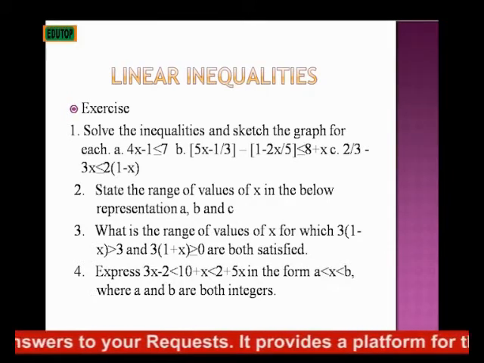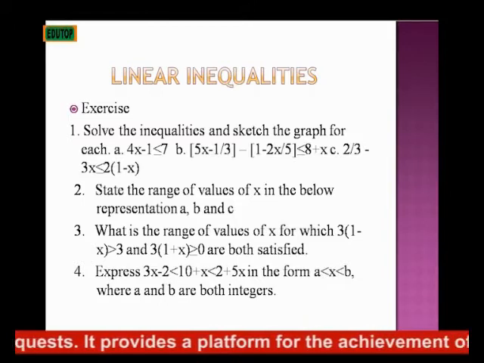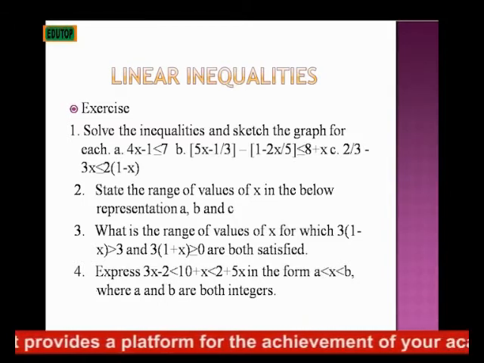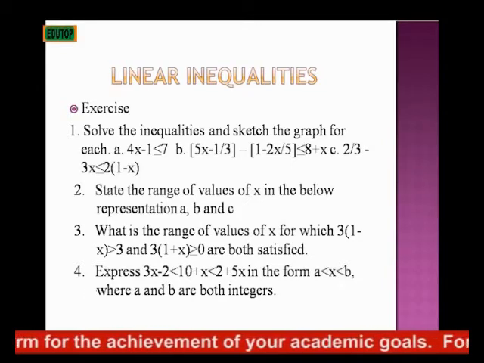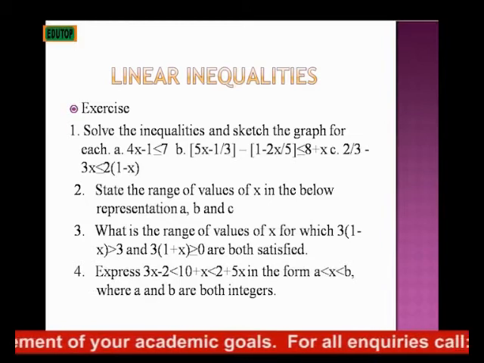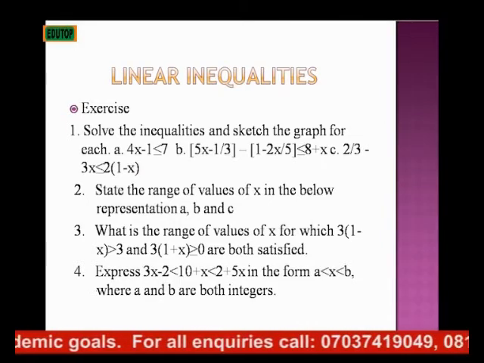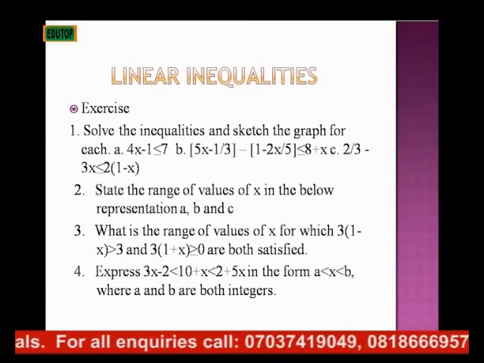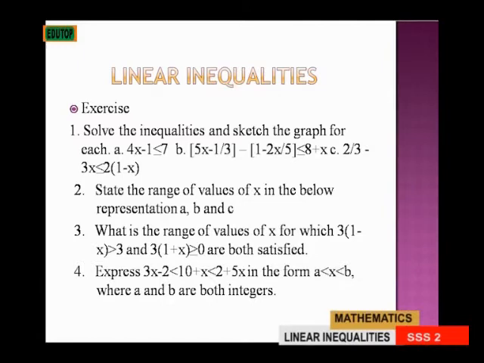Then B. We have (5x minus 1) over 3 minus (1 minus 2x) over 5, which is less than or equals to 8 plus x.